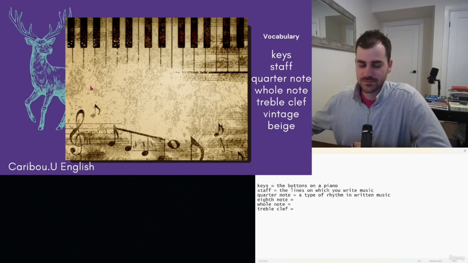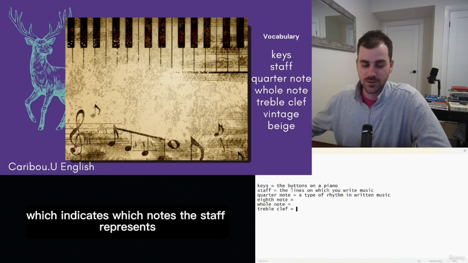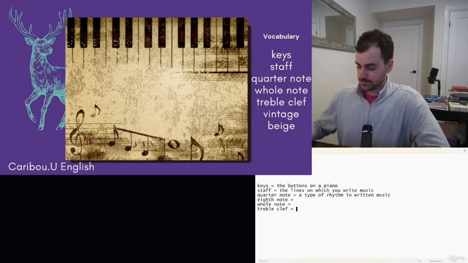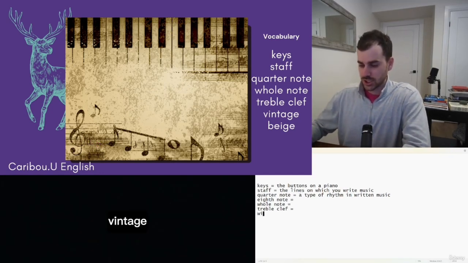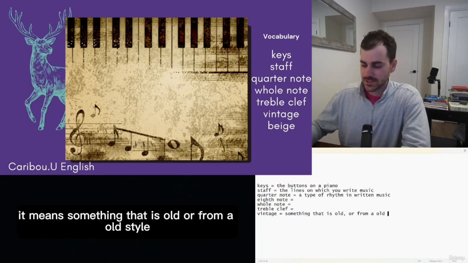Treble clef. Well, treble clef is this symbol right here, which indicates which notes the staff represents. Vintage. It means something that is old or from an old style.